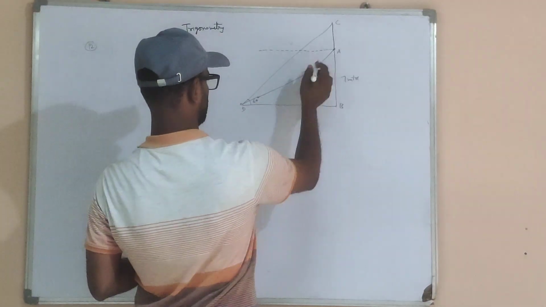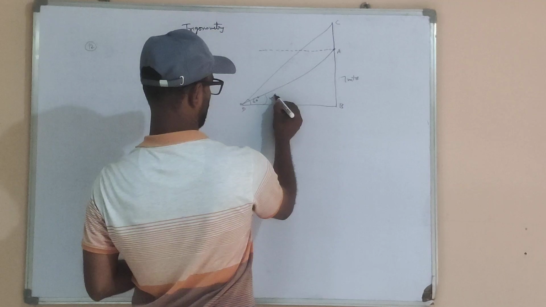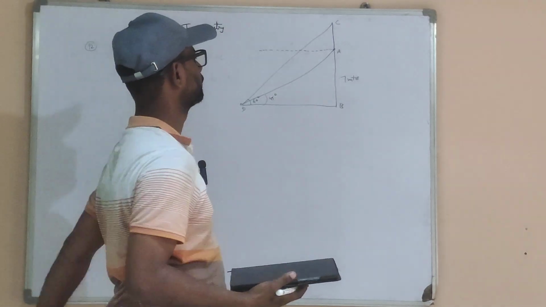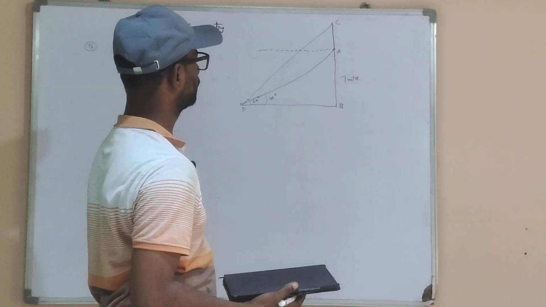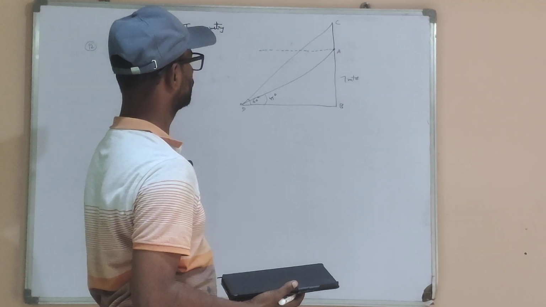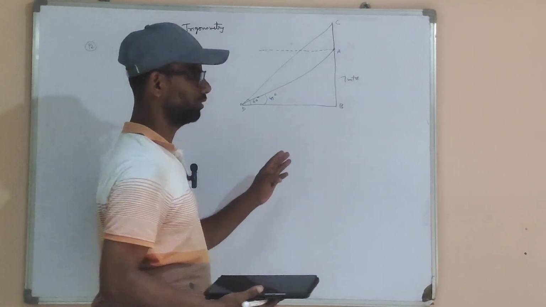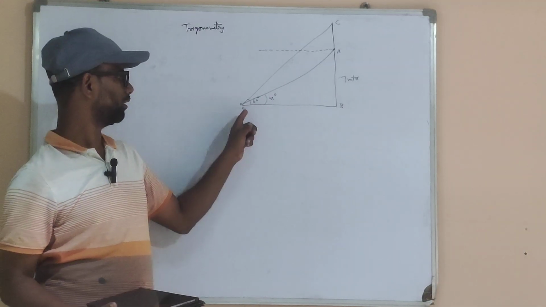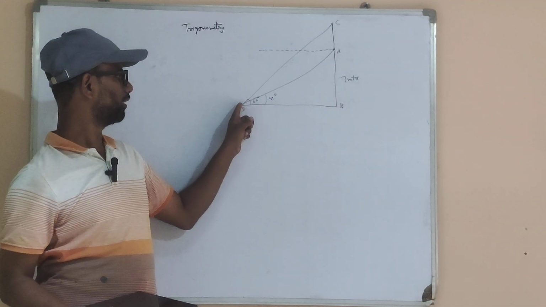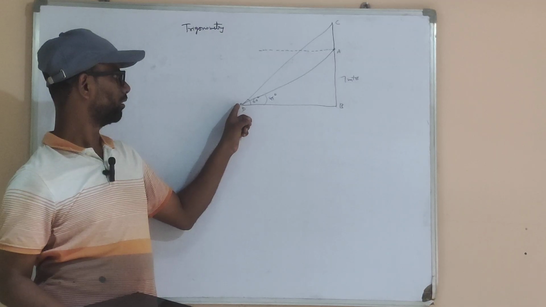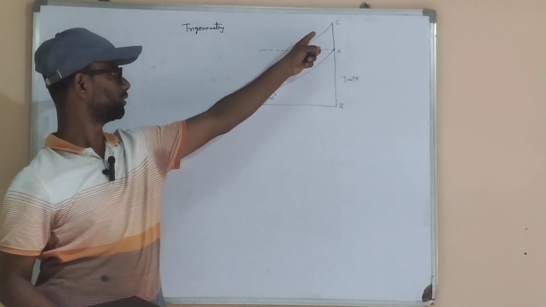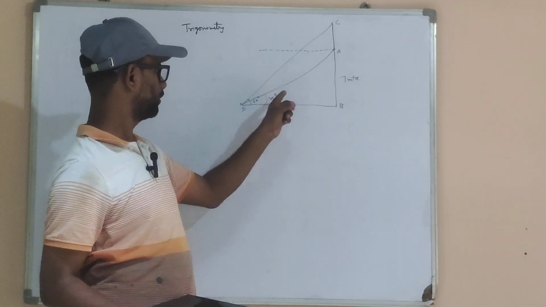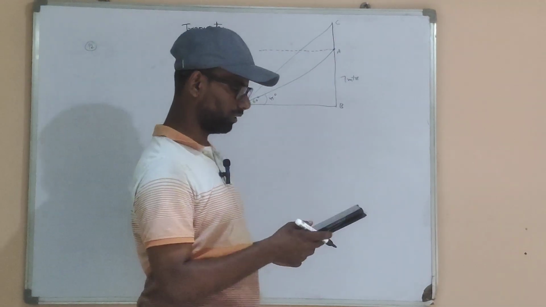So here you don't get confused. Angle of elevation means you are making the view from ground to topmost side. Angle of depression means from top side to below. So this is 45 degrees.